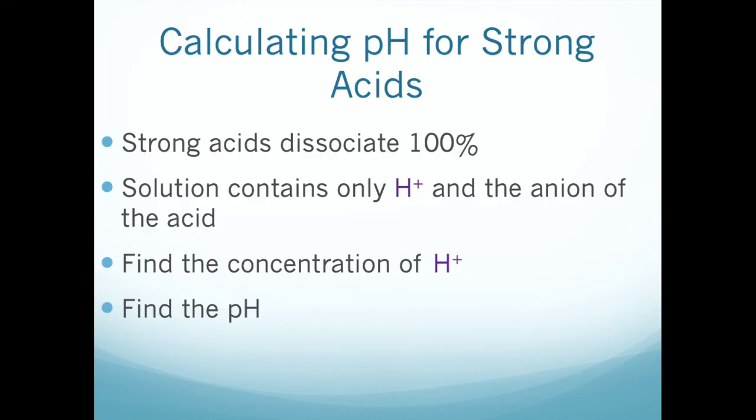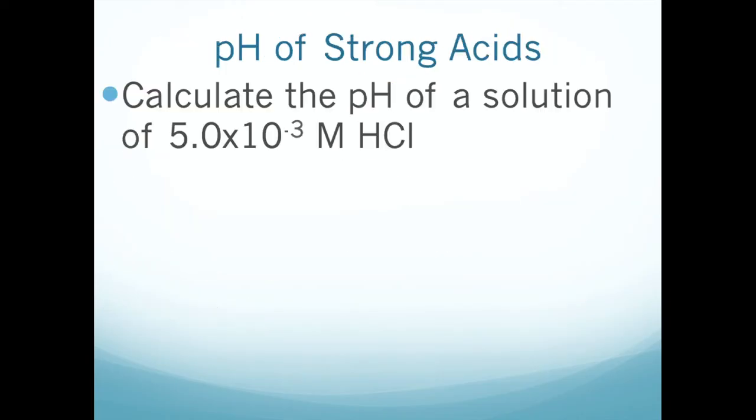We know that our acid is completely going to dissociate into H plus and the conjugate base. If that's the case, our concentration of H plus, stoichiometrically, should be the same as the concentration of the acid we started with. If we know that, then we can just find the pH by taking the negative log of that number. So let's see an example.